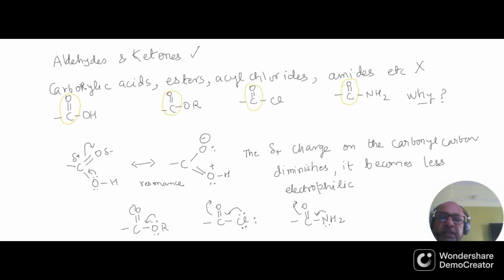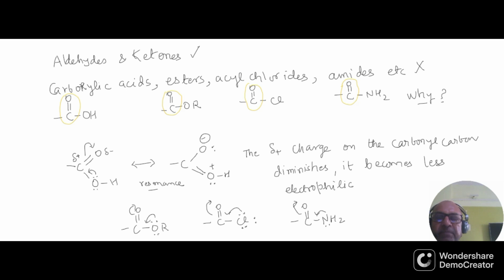Okay, but the important point here to understand is that the positive charge on this carbon diminishes. As you can see, the positive charge has moved to the oxygen and therefore it becomes less electrophilic. In other words, this carbonyl group does not behave in the same way as the carbonyl group of the aldehydes and ketones.